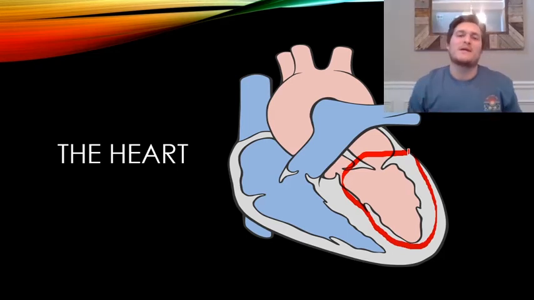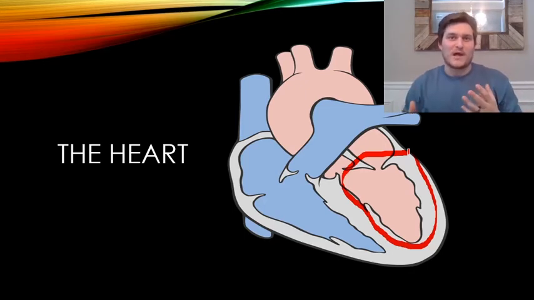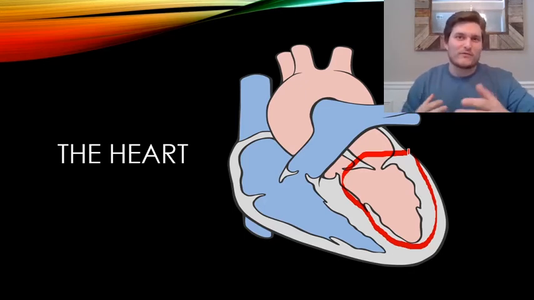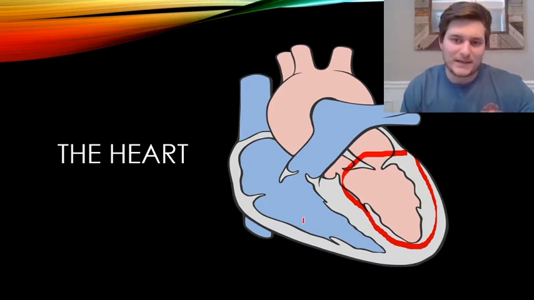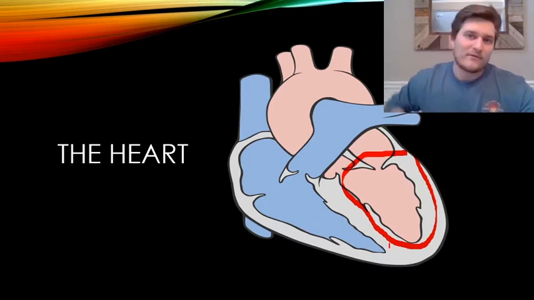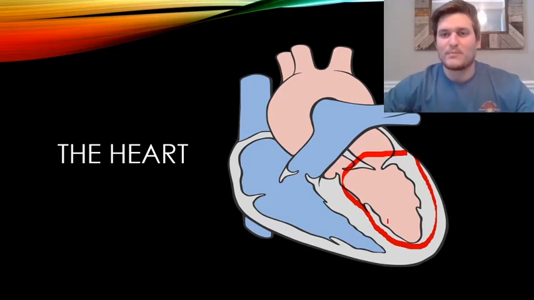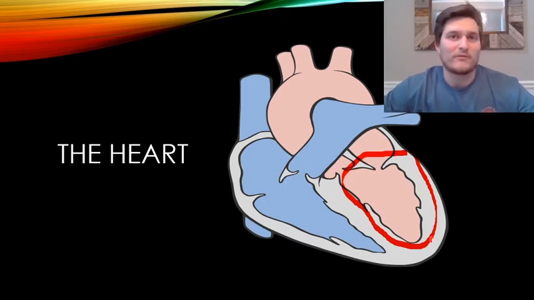The reason being is because this is the oxygenated blood that's getting out to the rest of the body. So really when we talk about these terms like stroke volume and ejection fraction, both the left ventricle and the right ventricle have an ejection fraction, an output, a stroke volume, but we are mainly concerned with the work and output from the left side, the left ventricle.